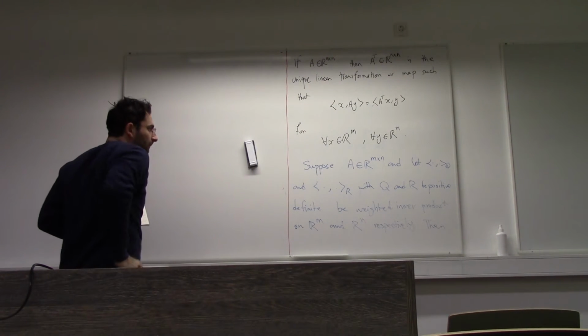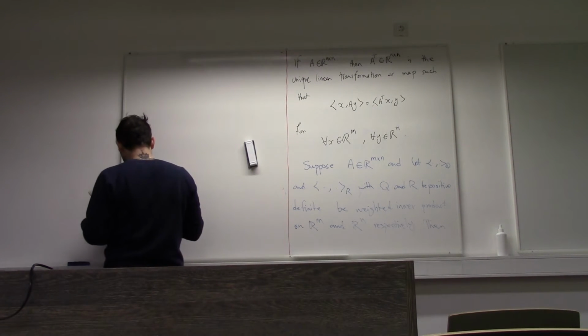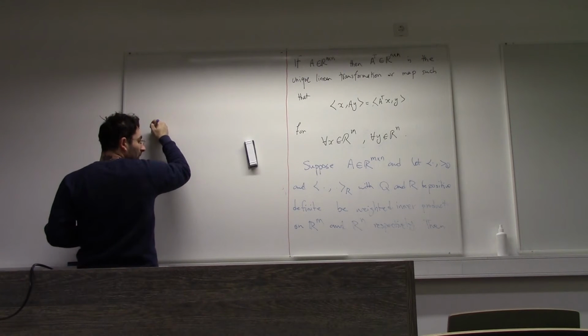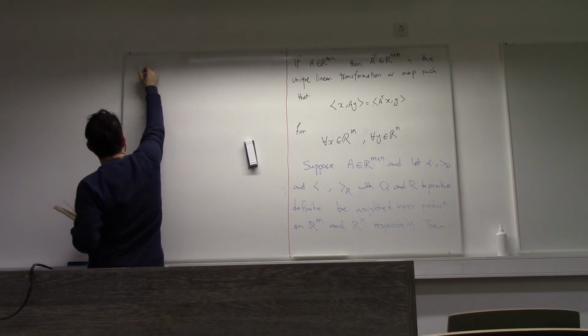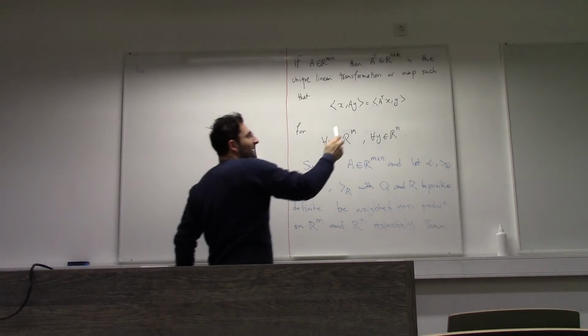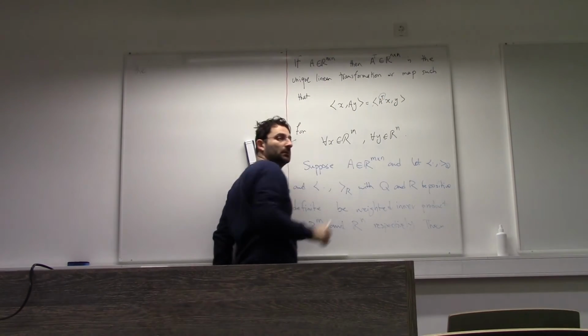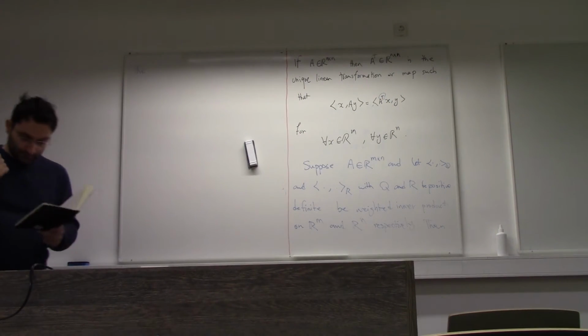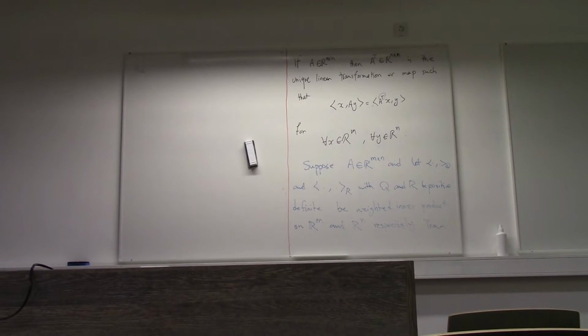Then what is this? This is a transpose. And what does it do? It changes the rows and columns. Now we want to define something new.